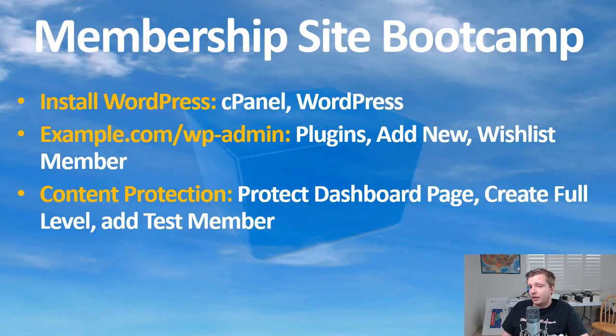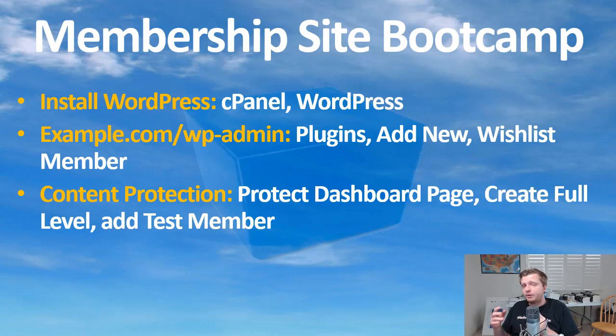So we'll create a page that we'll use as our logged in web page. Then we'll create a level called full, and this will be the access someone has, say, when they buy from us. And then we'll add a test member. That way we can see what that member can view and access when they're a member of our site.